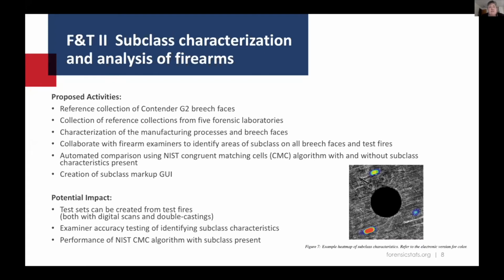There are various different automated algorithms available. One of them has been proposed by NIST, the congruent matching cells algorithm. The idea is to use this algorithm in situations with and without subclass characteristics to see how the algorithm is doing in these situations.